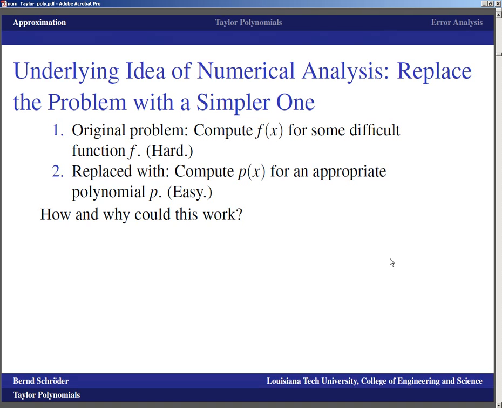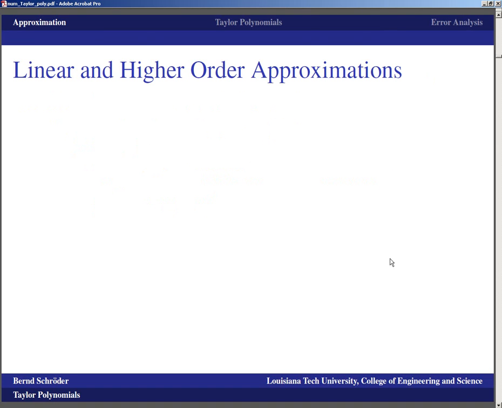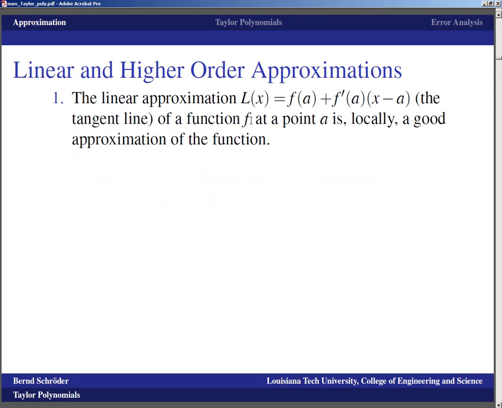Okay, so how and why could that work? Well, basically, we need to recall linear approximations, which I presume you've already seen, and once we have done that, we will talk about higher approximations. So the linear approximation, which is just the tangent line, right, of a function at a point a, is locally a good approximation for the function.